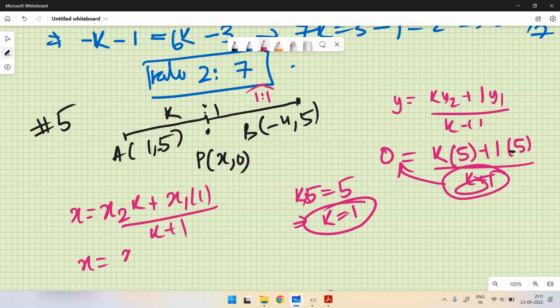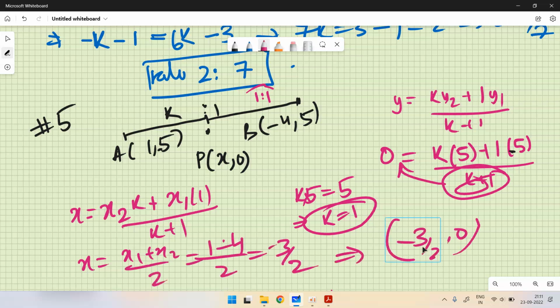So the coordinates are minus 3 by 2 comma 0, the coordinates of the point P, which divides the segment in the ratio 1 is to 1.